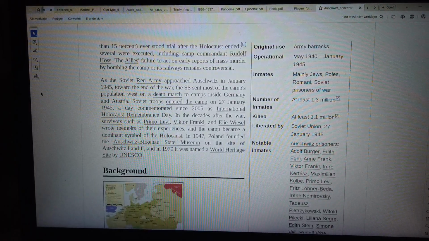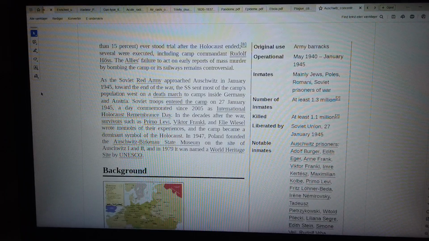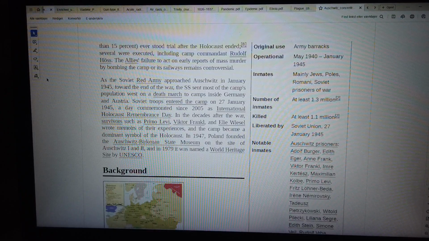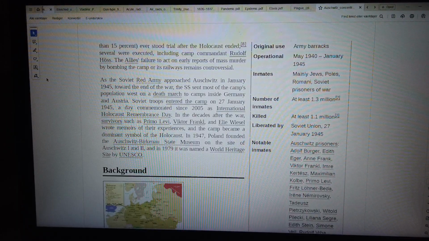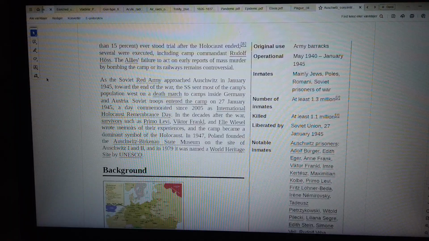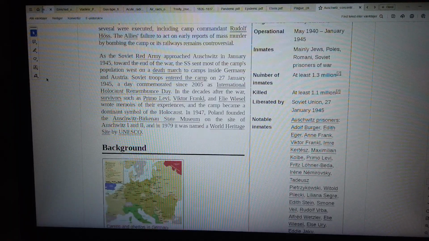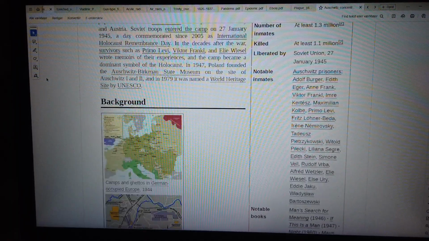Original use: army barracks. Operational: May 1940 to January 1945. Inmates: mainly Jews, Poles, Romani, Soviet prisoners of war. Number of inmates: at least 1.3 million. Killed: at least 1.1 million. Liberated by the Soviet Union on 27 January 1945.